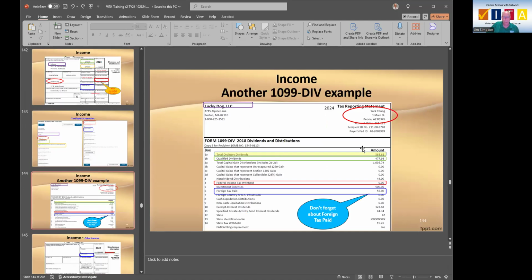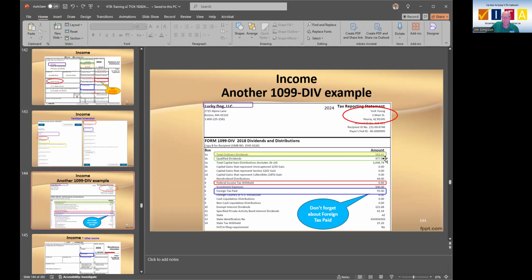Here's an example, though, of a 1099-DIV that's in a different format. It doesn't come with all those little boxes in the form, right? But it's still got exactly the same information. Box 1A, ordinary dividends. Box 1B, qualified dividends. Be careful here, because with this box 1B, you might wonder, what are qualified dividends?